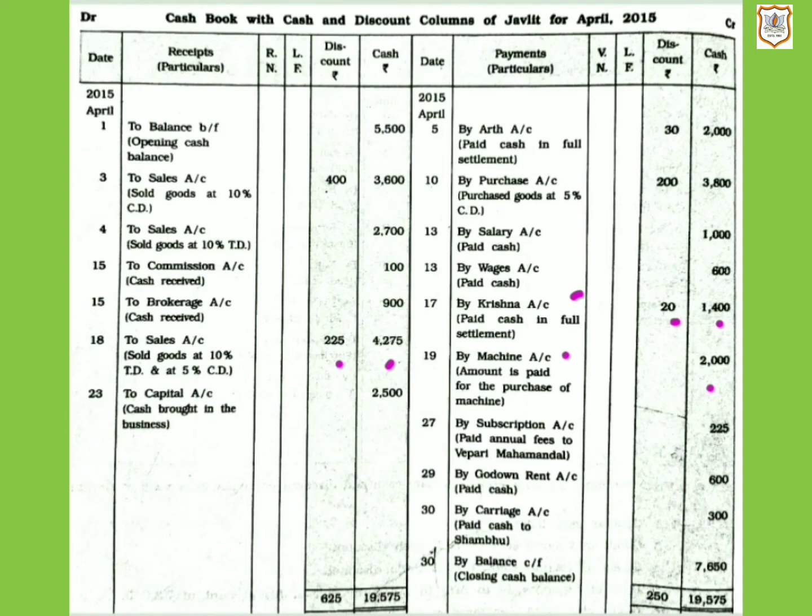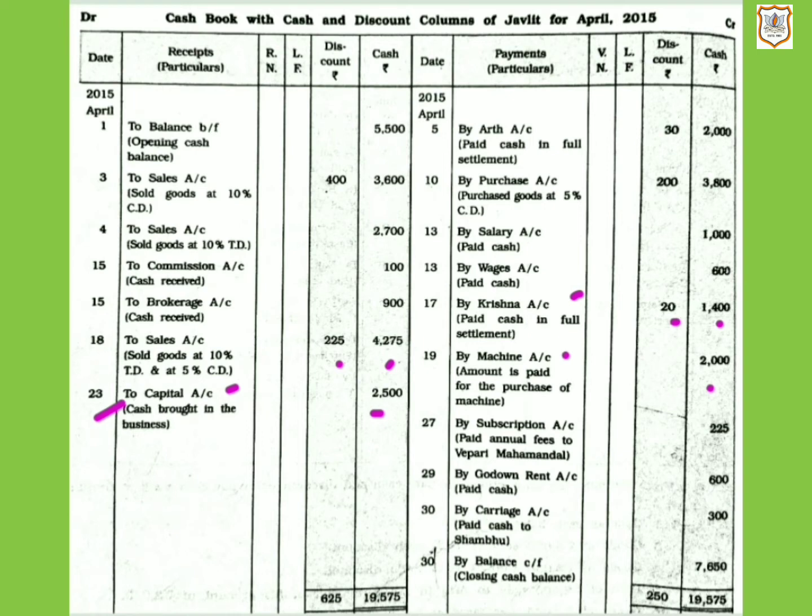So here cash is coming in the business, so we will record it on debit side, that is 2,500. And as owner is bringing it in the business, so we will name it capital account. So in particular column, we will write to capital account, date 23rd.